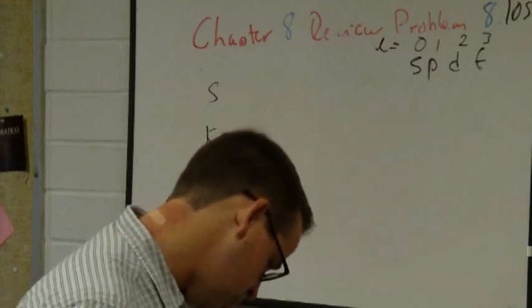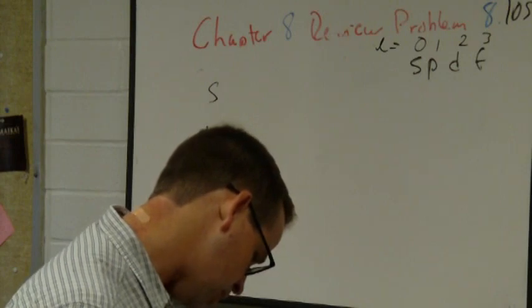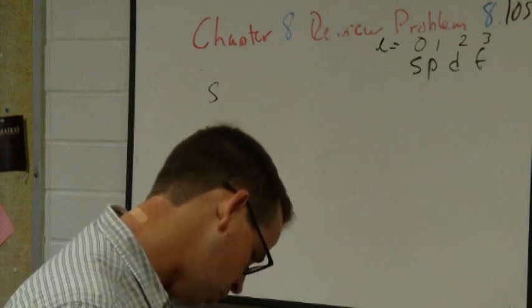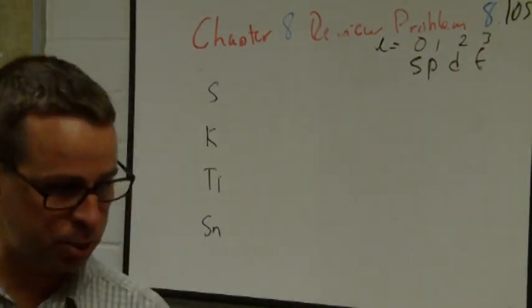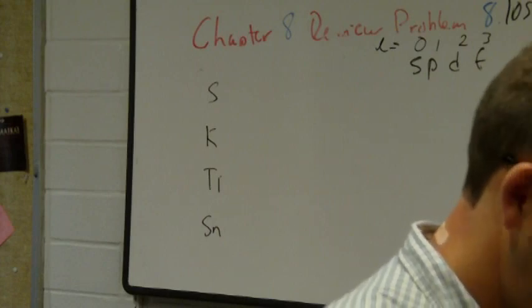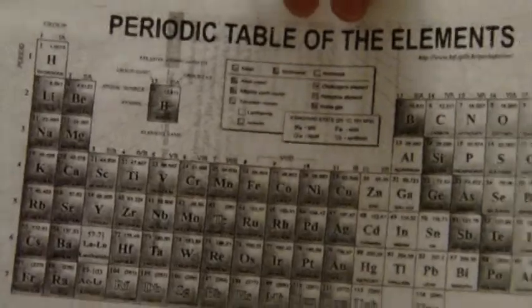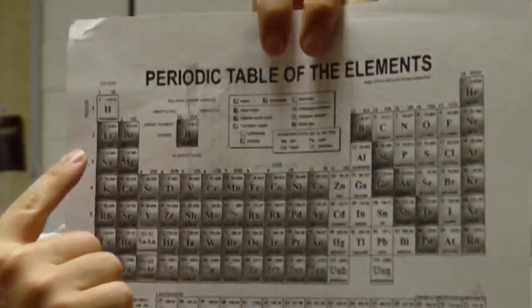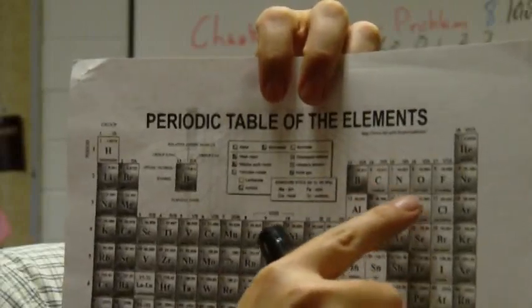So for sulfur, we're going to have 1s2, 2s2, 2p6, 3s2, 3p4. We look at our periodic table. Let me get a periodic table here so I can hold it up to the camera. For sulfur, we're looking at our 1s2, 2s2, and trying to get down to sulfur right here.